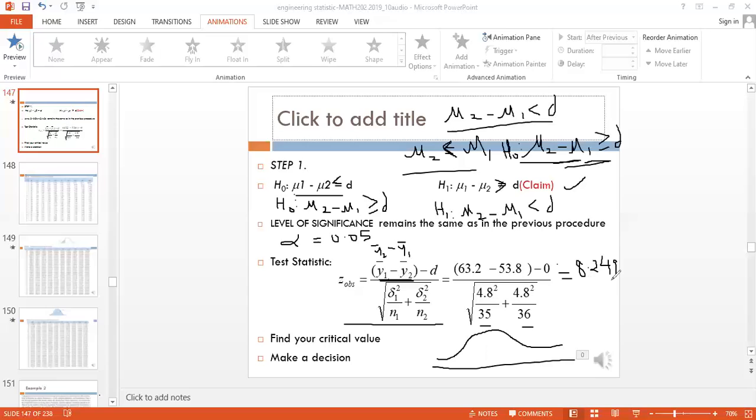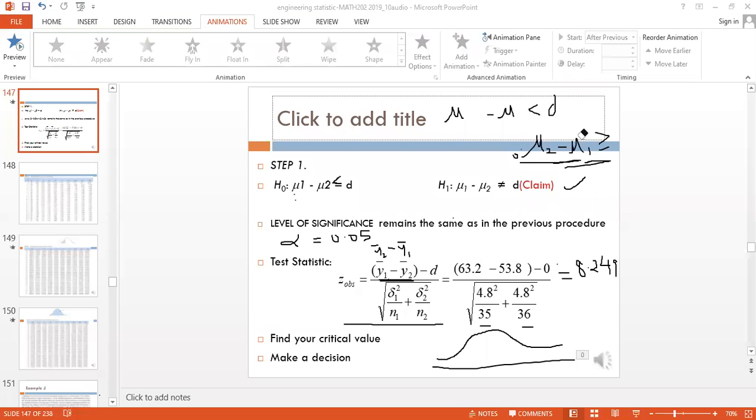So we have 8.249. And again, our test, we said we are dealing with this hypothesis here. Let me clear this side first. So we are dealing with the hypothesis of this being greater than that, which means we are dealing with a right tail test, with the rejection region to the right hand.